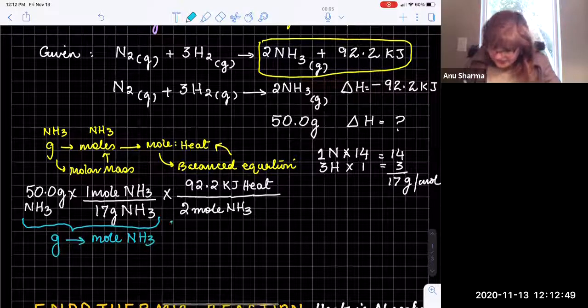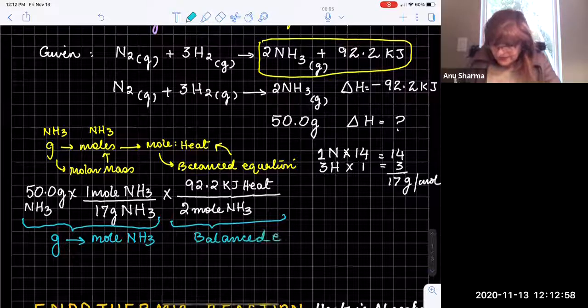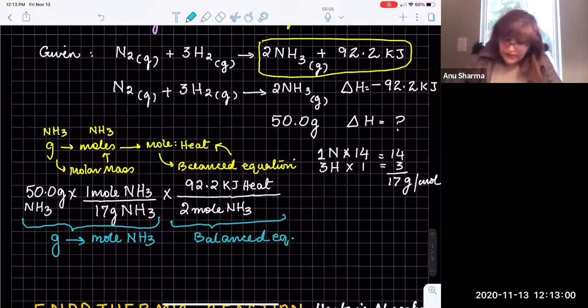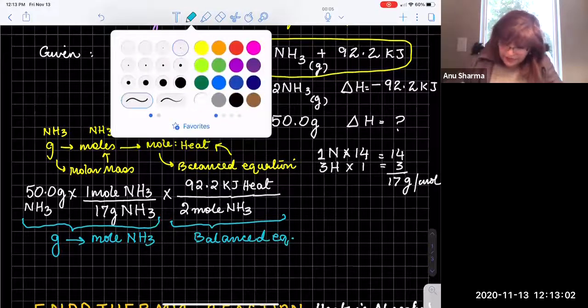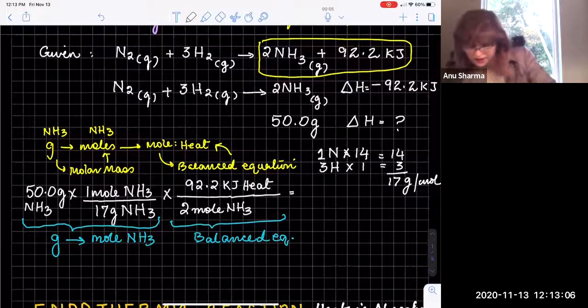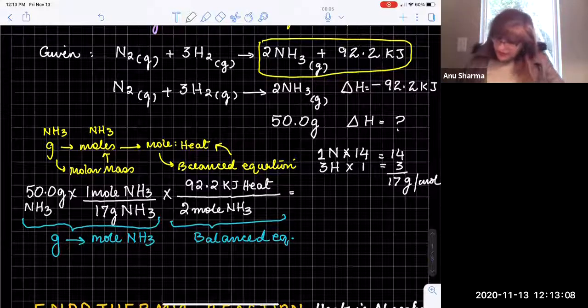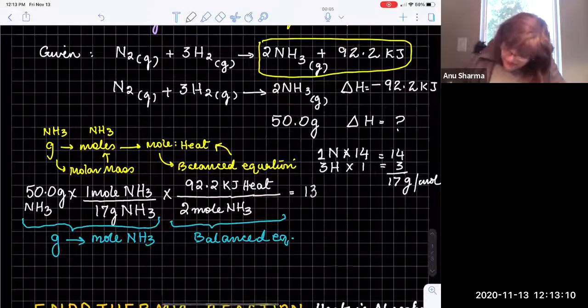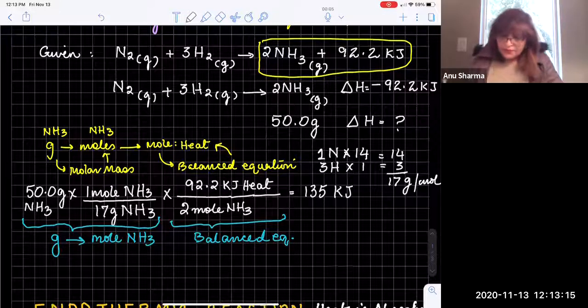And this piece is the mole to heat ratio coming from the balanced equation. It's very important to make sure that the equation is balanced. So what do you get for the answer? The answer comes out to be 135 kilojoules.